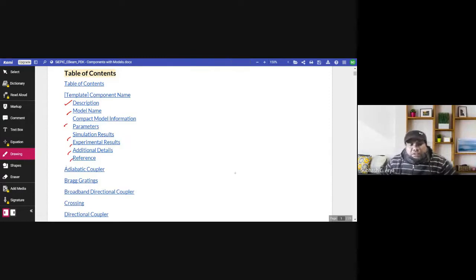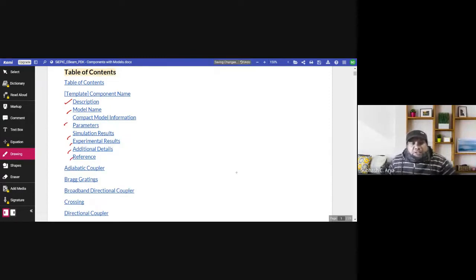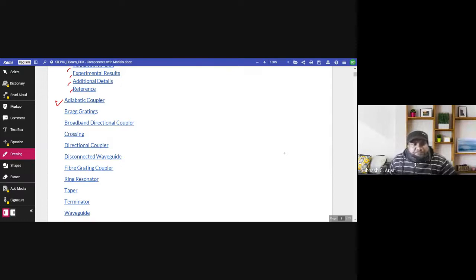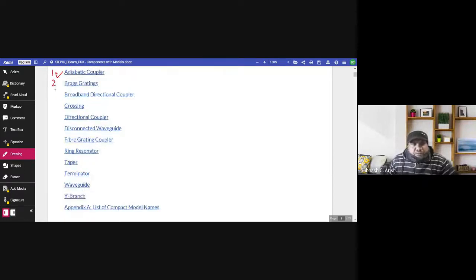So in this series, the first component is adiabatic coupler. I think this is given in alphabetical order. First one is this adiabatic coupler. Second one is the Bragg gratings. Third is broadband directional coupler. Fourth is crossing. Then directional coupler. Sixth is disconnected waveguides.